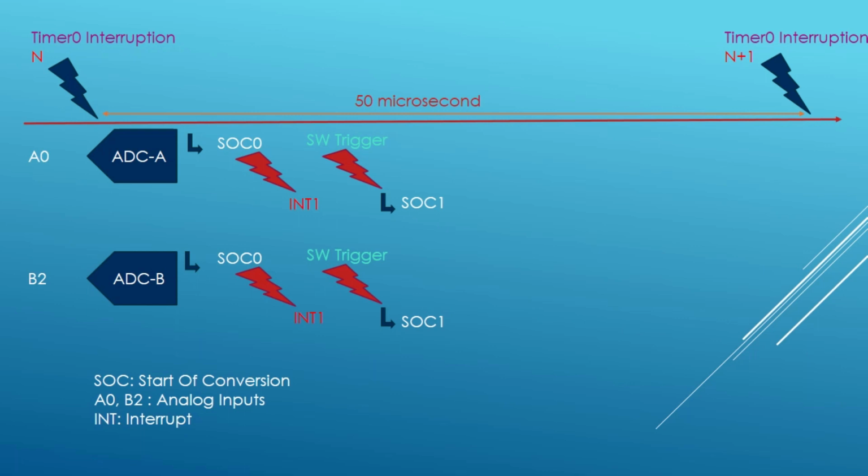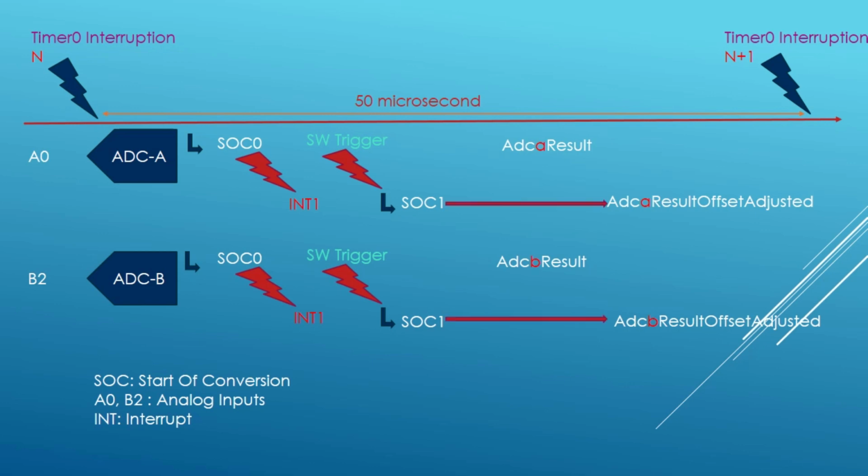Interrupt 1 of both ADCA and ADCB will be used by software to trigger the second SOC 1 for ADCA and SOC 1 for ADCB. When the end of conversion of ADCA and ADCB occurs, it is time to store results in ADCA results, ADCB results, and ADCA results offset adjusted and ADCB results offset adjusted respectively.